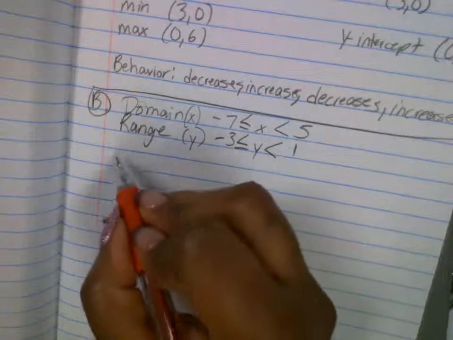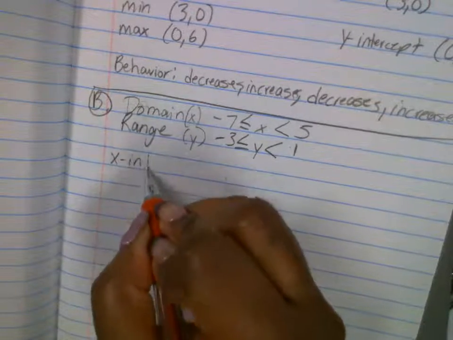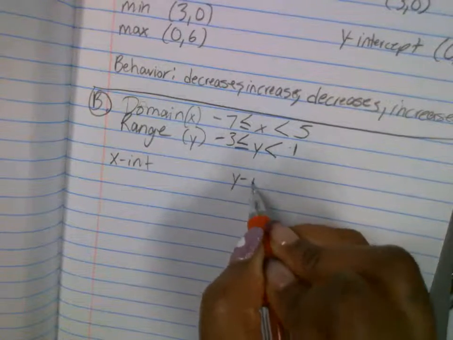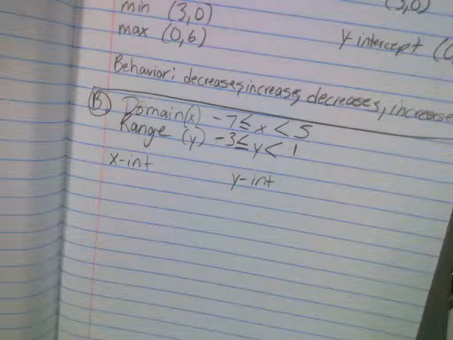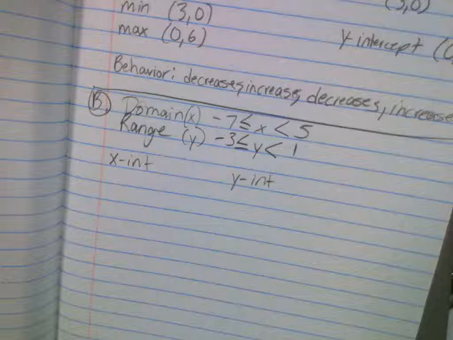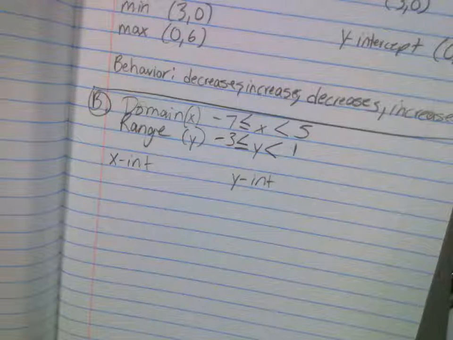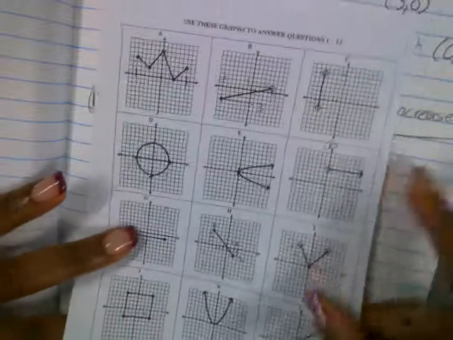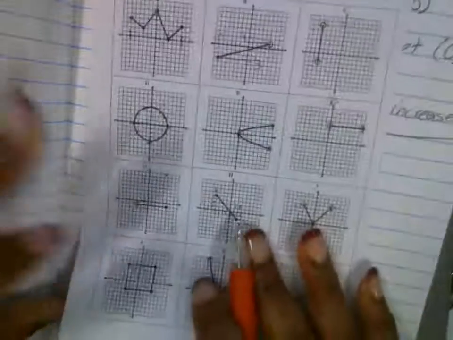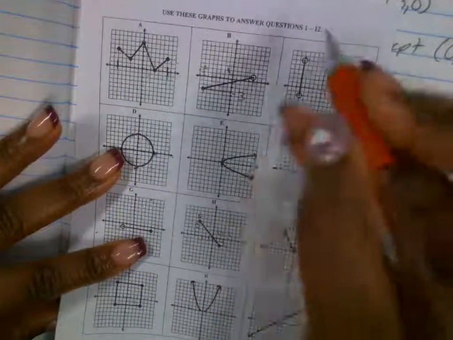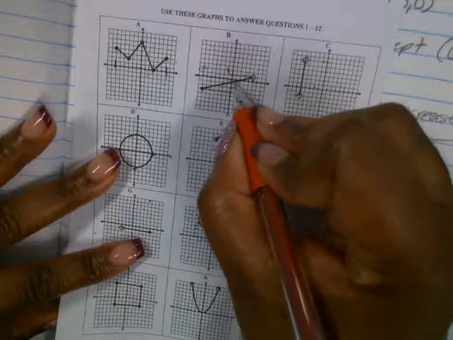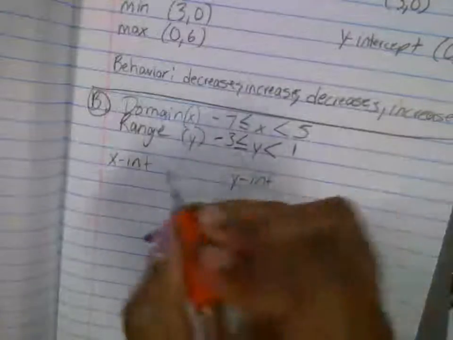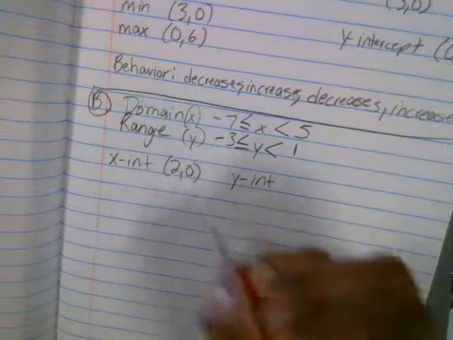All right. So let's do x-intercept and y-intercept. Remember, x-intercept is where it crosses the x-axis. Y-intercept is where it crosses the y-axis. So let's look at where it crosses the x-axis first. It crosses the x-axis right here. You see that? This point is 2, 0.